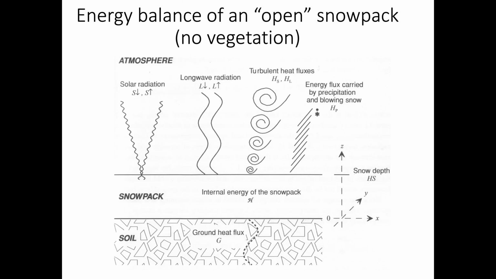As we'll see later in this lecture, the most important energy exchange in regions without significant vegetation is solar radiation on the left of the diagram here. Timbo or I may refer to this as shortwave radiation as well. The arrows next to each S indicate that there are two components, incoming and outgoing or reflected solar radiation.